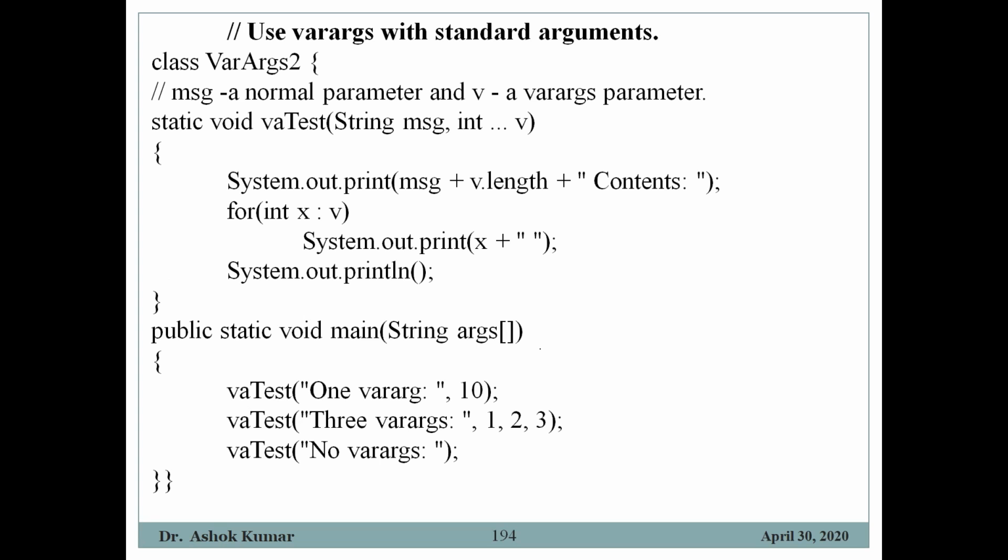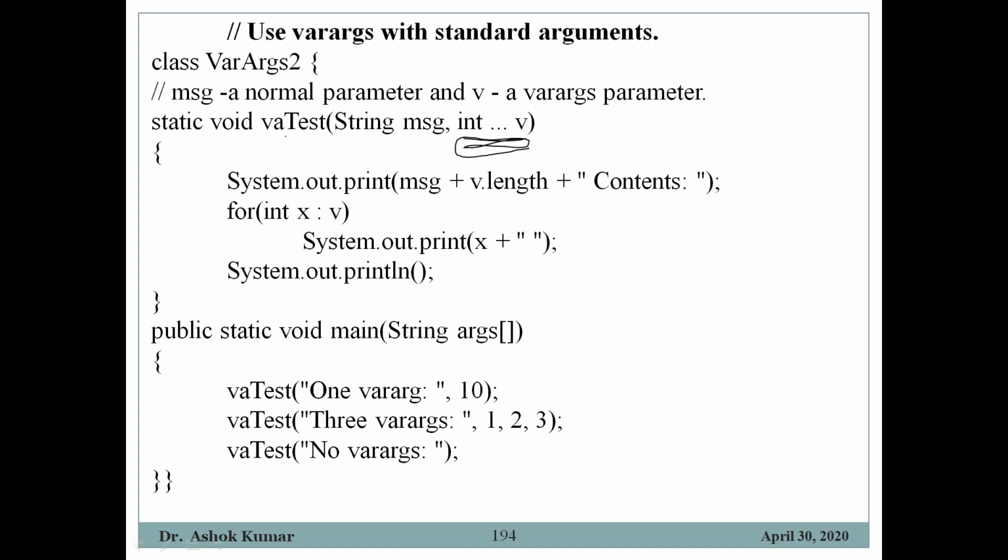Here is another example on the same topic, but this time the variable argument v is the second parameter. Keep in mind this point is also important. Whenever you create a variable-arity method, the variable argument must be the last argument of the method.